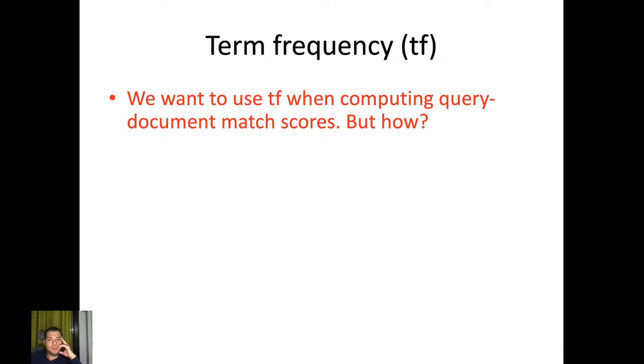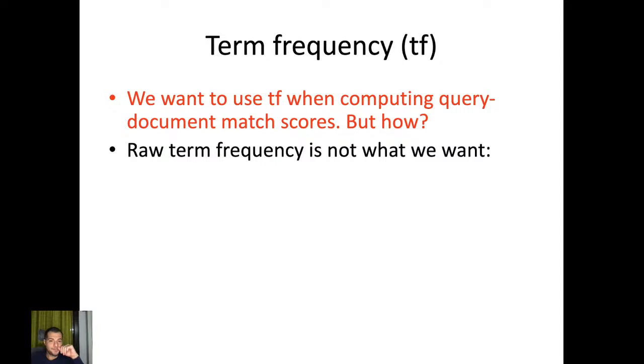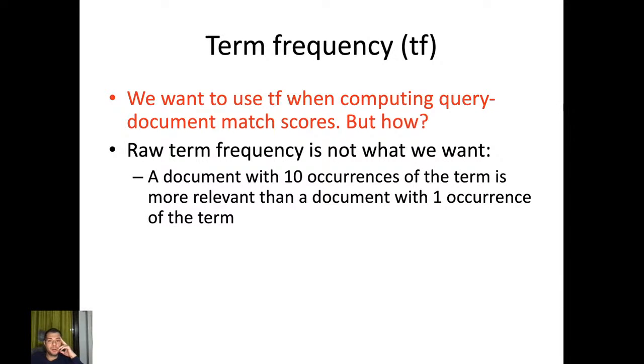Then we want to use these term frequencies perhaps for computing query document match scores. The problem is that we do not want the raw term frequency because, for example, a document with 10 occurrences of a term is more relevant than a document with one occurrence, but the difference is not 10 times as relevant.